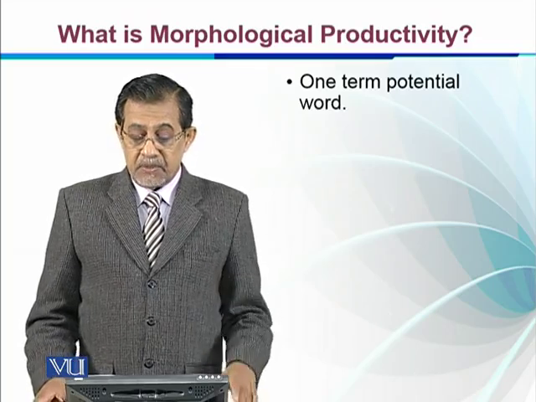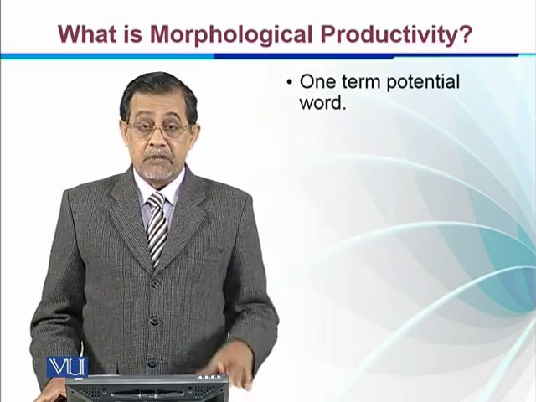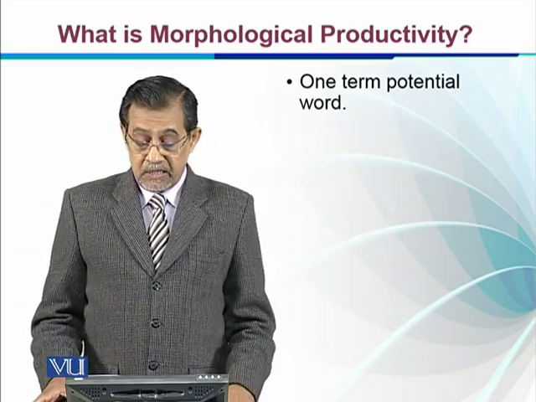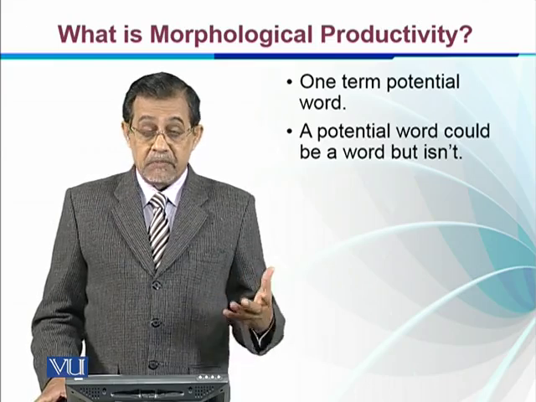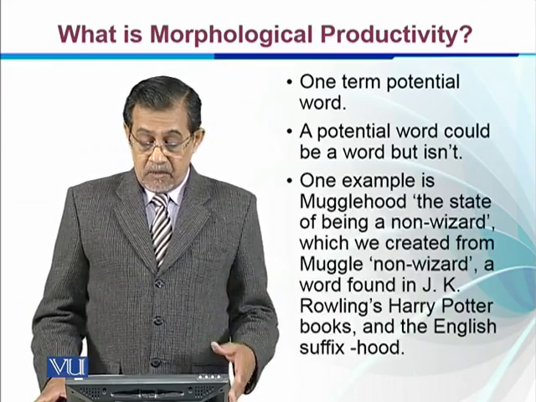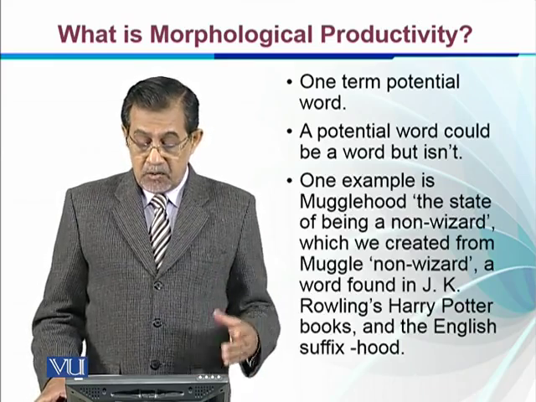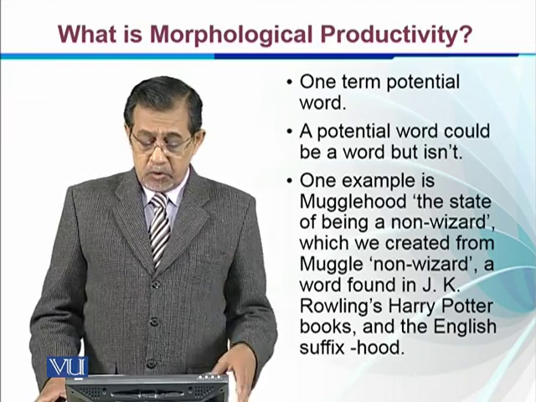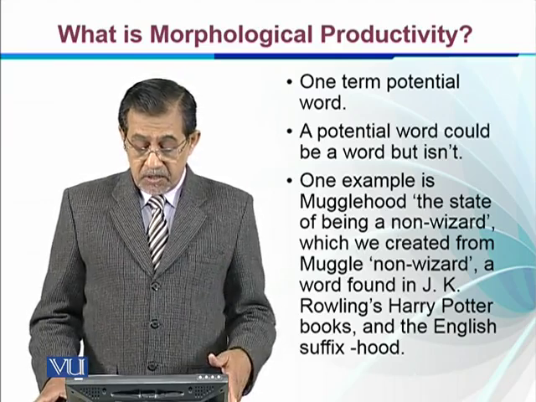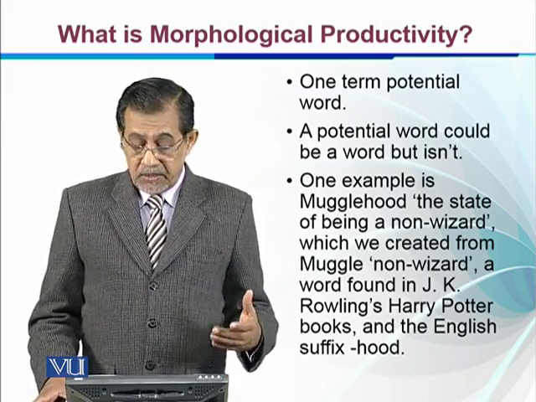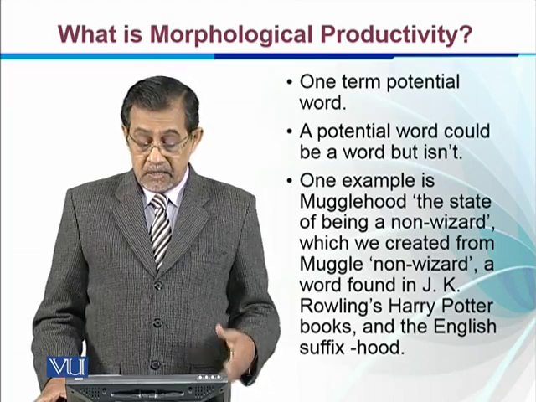One term is potential word. If we have any potential word which is likely to enter the English language, a potential word could be a word but isn't. One example is mugglehood, the state of being a non-wizard, which is used in the book Harry Potter by J.K. Rowling. And the English suffix hood is added to it.